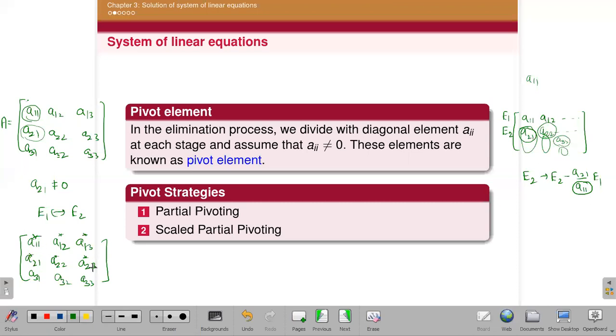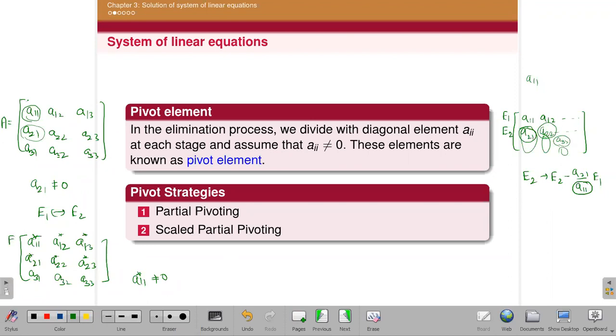Now this A11 star is not 0, which is a pivot element. A11 star is a pivot element because here we will divide by A11 star to make these elements 0 by these operations. You know about these operations.